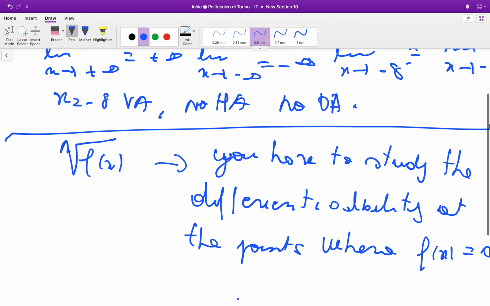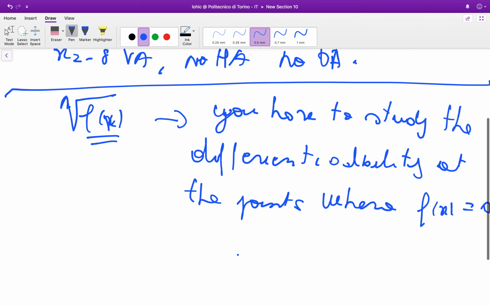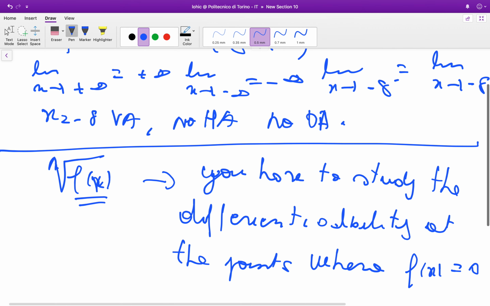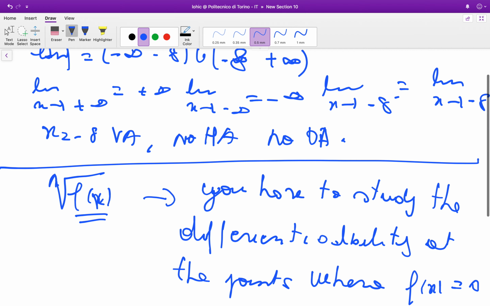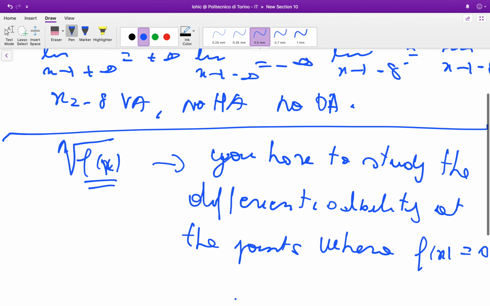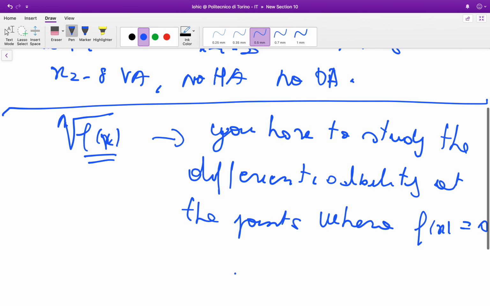So if you have this n-th root of some function, the suspected points, where the function may not be differentiable, are the points where f of x is equal to 0.